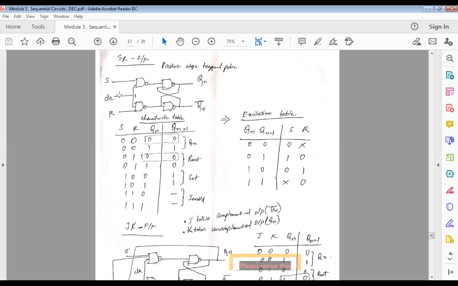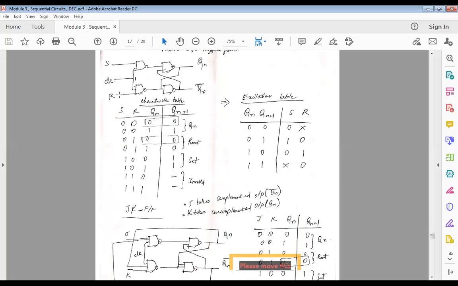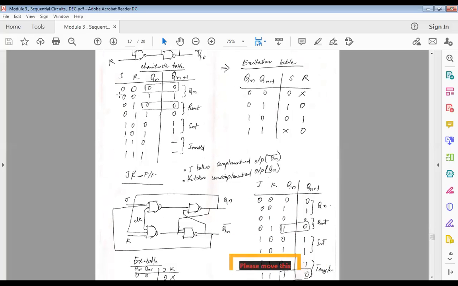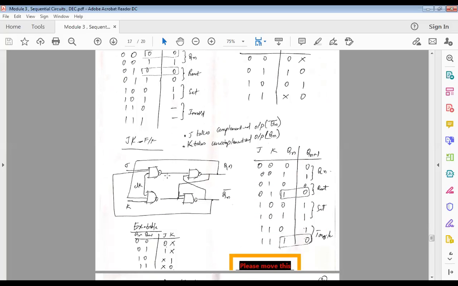So what we did was we took the configuration of something called JK flip flop. So here in JK flip flop, we are connecting one of the terminals. QN terminal is connected with K, and the QN bar is connected with J. The other two terminals are called J and K, and then a common clock.